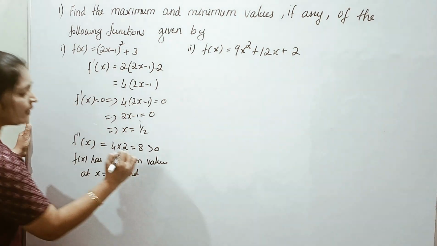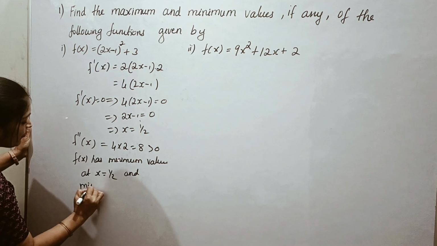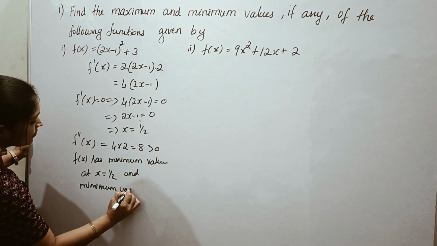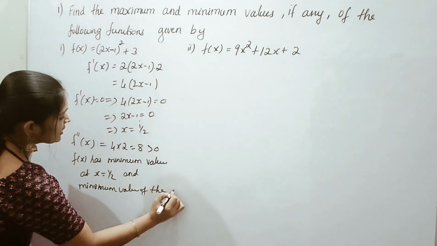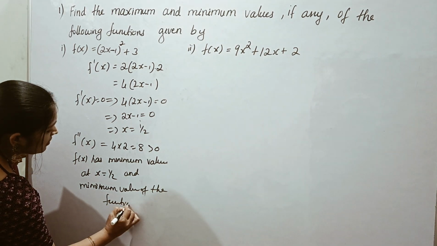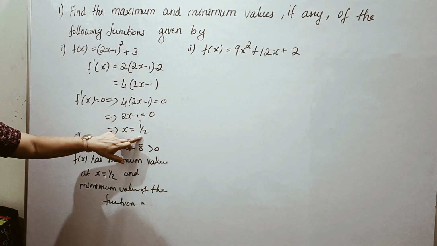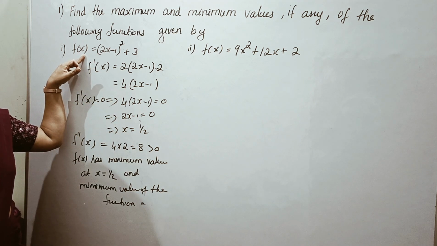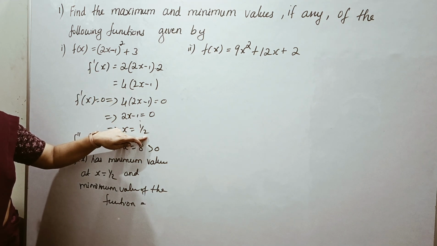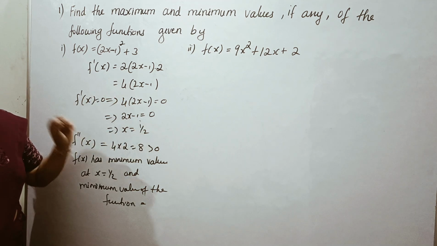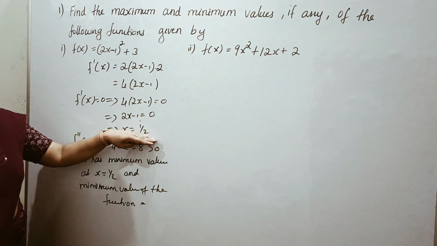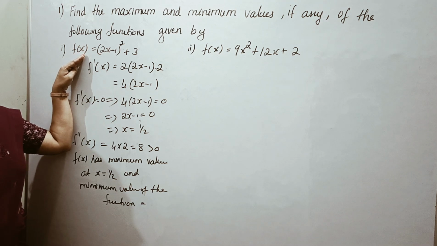And what is the minimum value of the function? The minimum value of the function is nothing but substituting x is equal to 1 by 2 in f of x. Okay, it's our point of minimum. So the minimum value of the function is nothing but substituting that critical point into f of x.